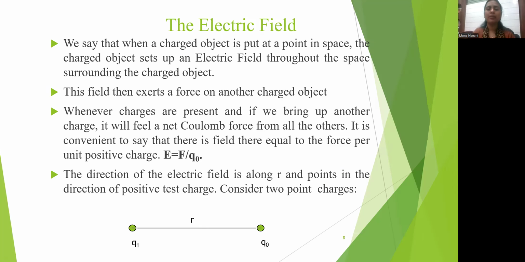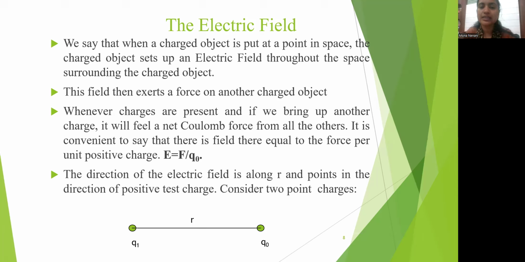Let's see the next topic, that is electric field. So we say that when a charged object is put at a point in space, the charged object sets up an electric field throughout the space surrounding it. That means if there is a charge Q, there is an imaginary field around it, and that field is the electric field because of that charge.